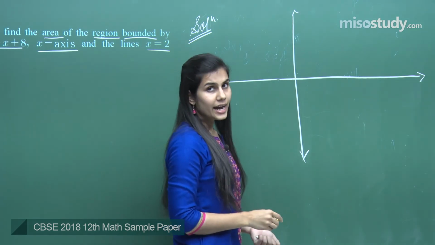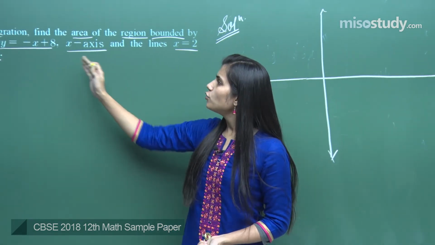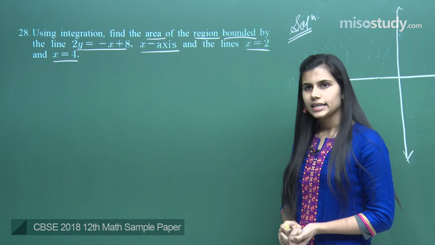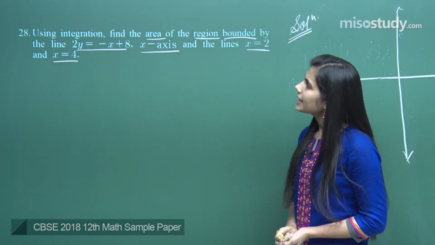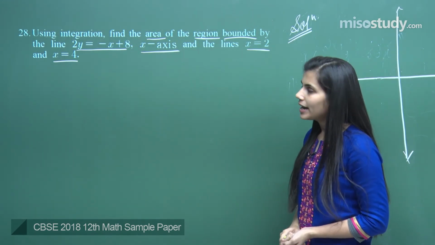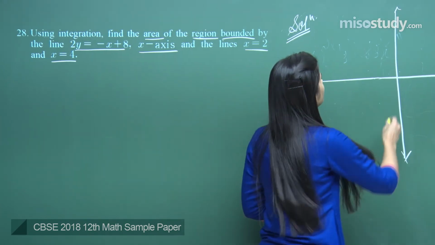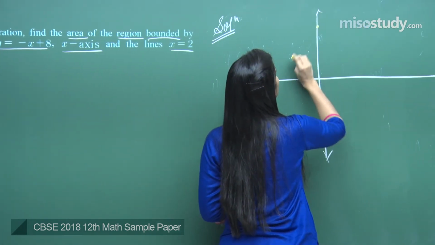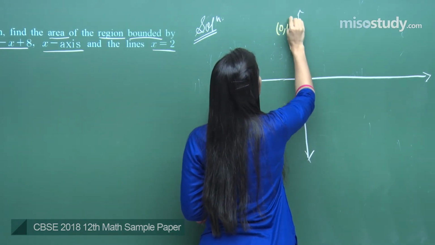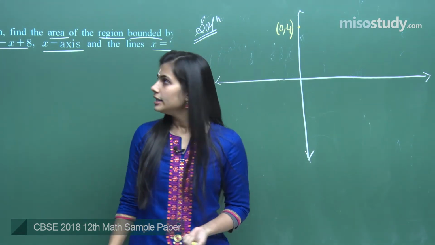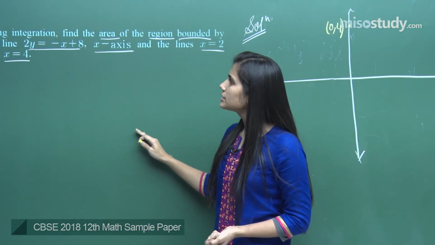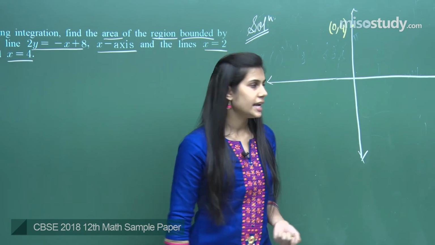The first line given to me is 2y equals minus x plus 8. If I take x equals 0, I get y equals 4. So this is what I get. Take x equals 0, get y equals 4. If I take y equals 0, I get x equals 8.